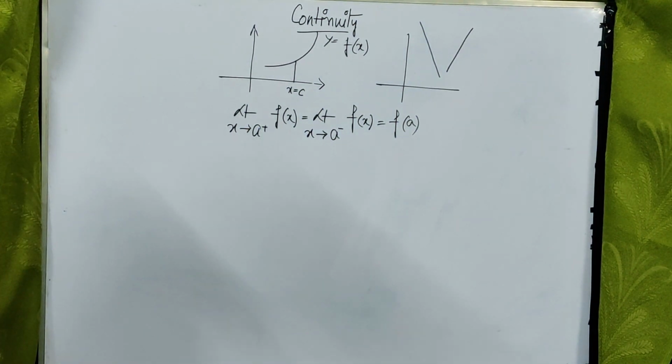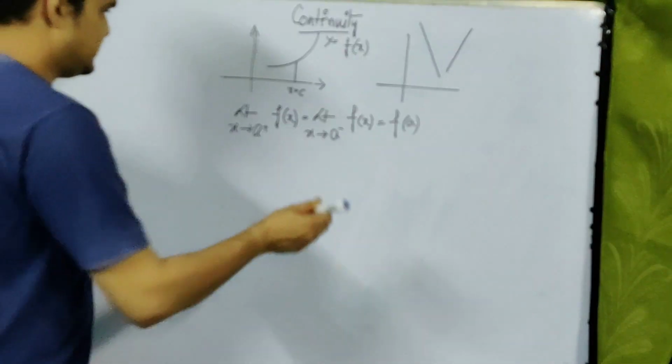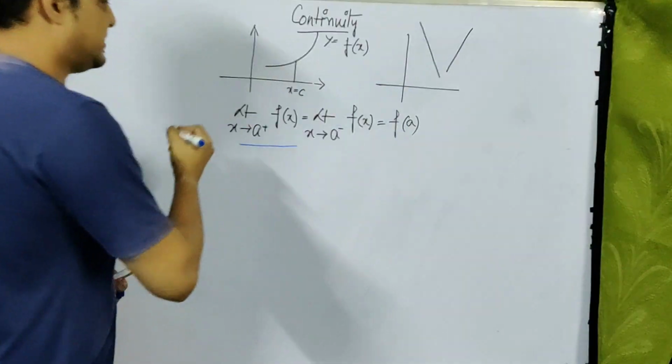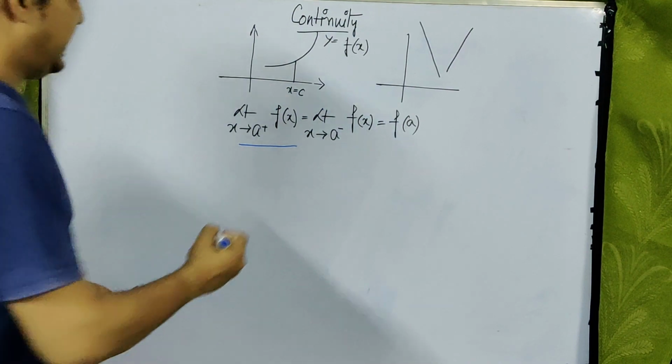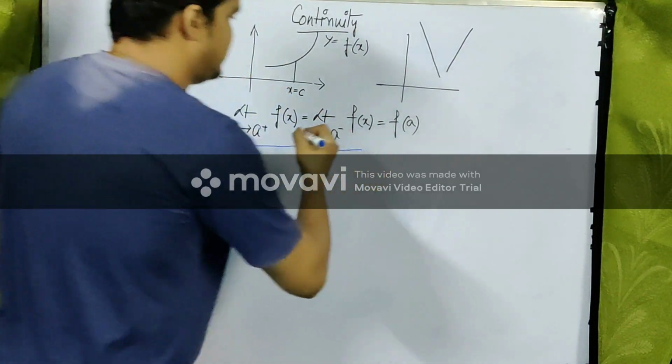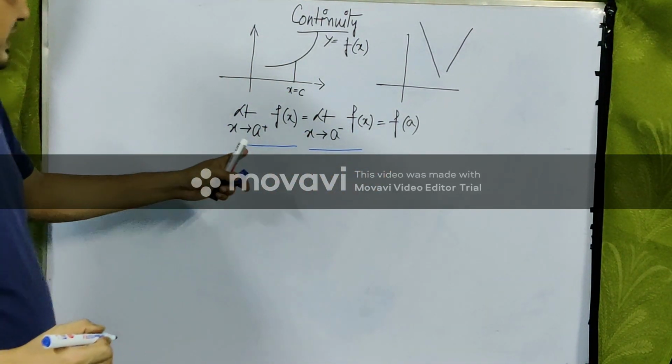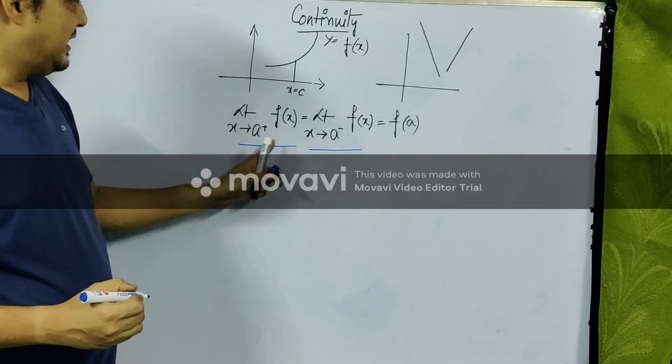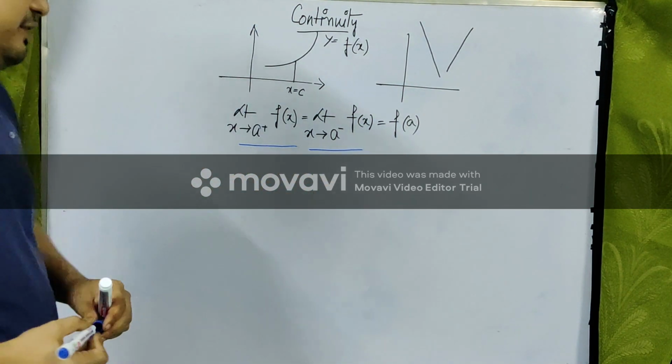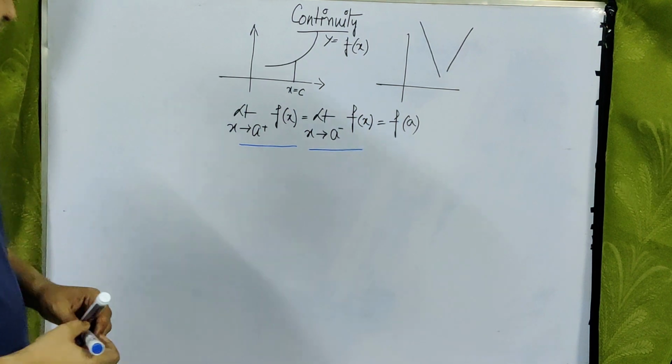These two together, limit x tending to a plus f(x) and limit x tending to a minus f(x), are actually the right hand limit and the left hand limit. And if they are equal, that means the limit exists.